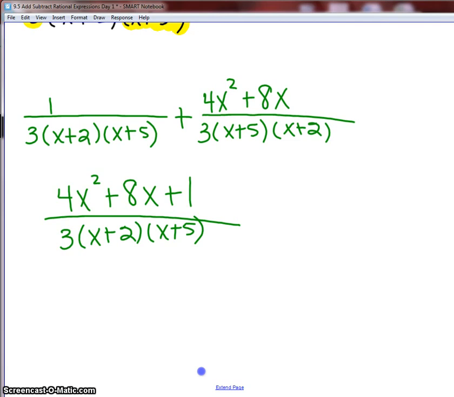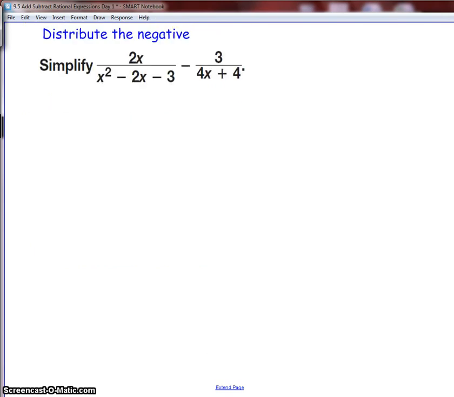On a test or a quiz, which you guys have a quiz coming up on Friday, if you have that situation, I will be very specific if I want restrictions stated or not. On this, I do not need restrictions stated, so I'm just going to box in my final answer. That's it. All right, let's move on to the next example.